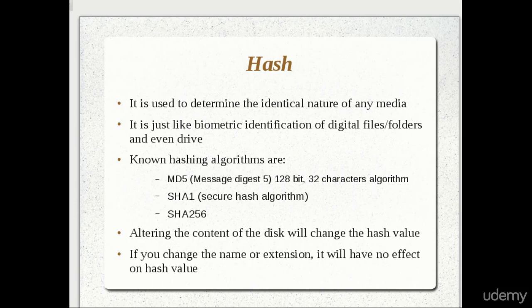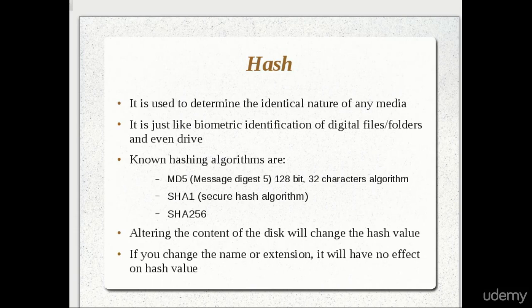You need to hash every single file, and even the disk image must be hashed, and you need to verify in court that you did not alter the evidence in some unknown way.